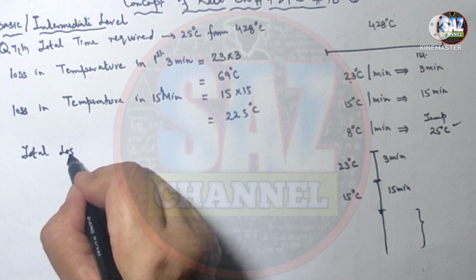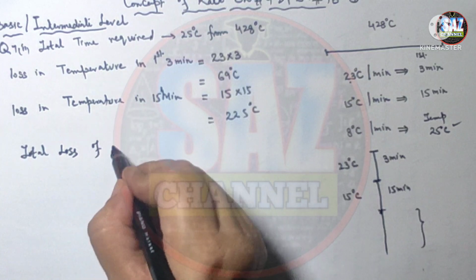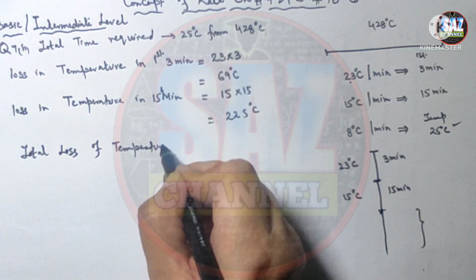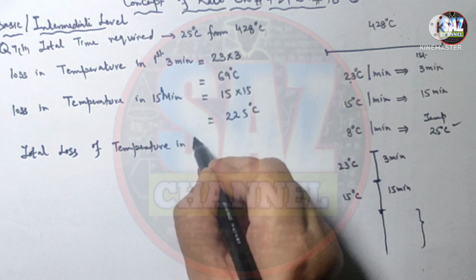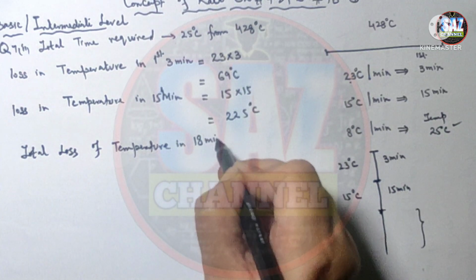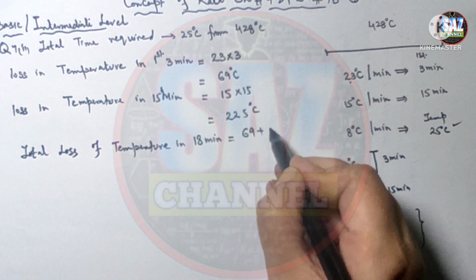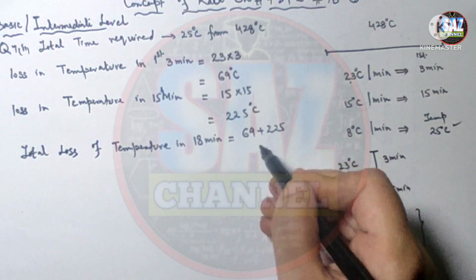So the total loss of temperature in how much time? In 18 minutes. 18 minutes total loss. So in order to get the total loss, what we are going to do is 69 plus 225.